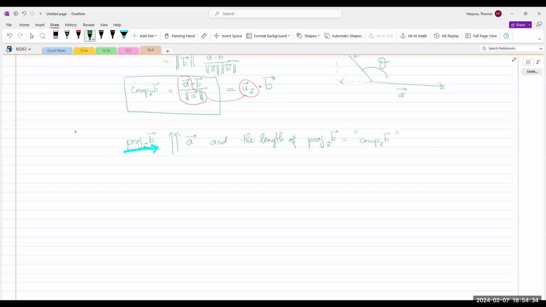The way we do that is as follows. The projection of B onto A must be the scalar multiple of the unit vector of A.